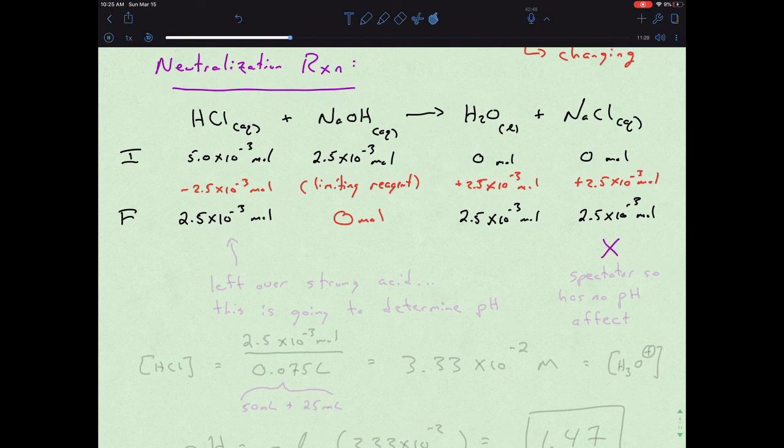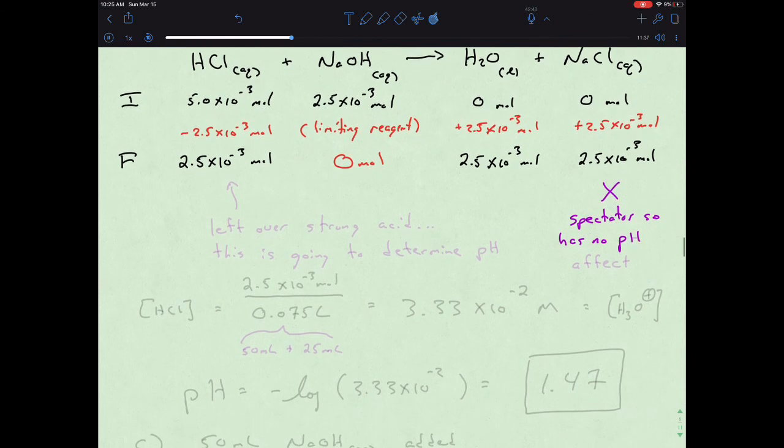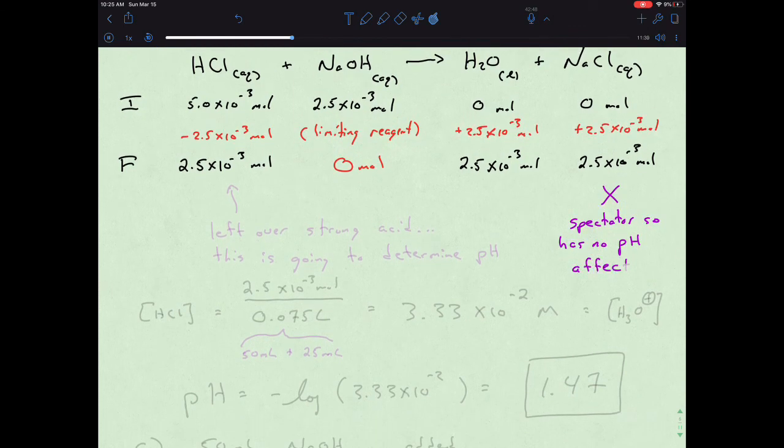Sodium chloride is really a spectator, so has no pH effect. And in this case, we have leftover strong acid, right? And this is going to determine pH.